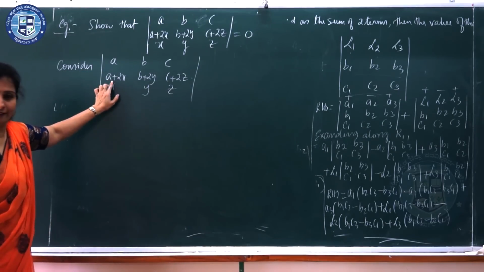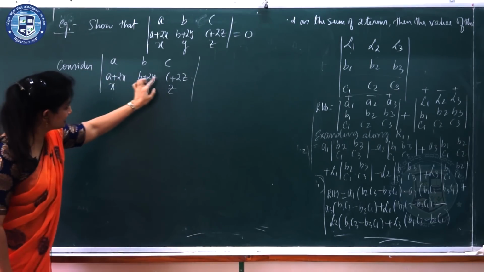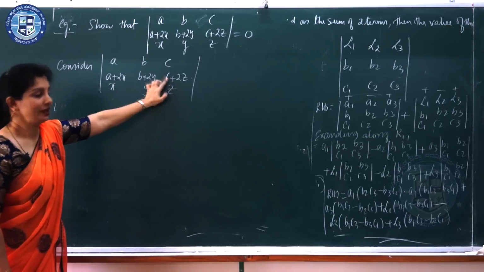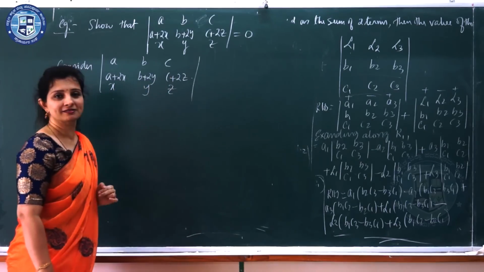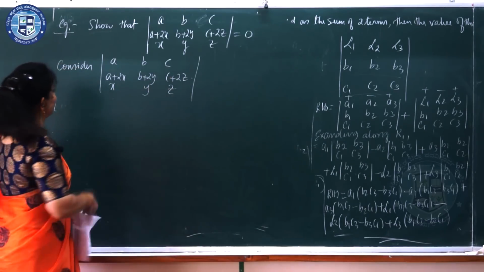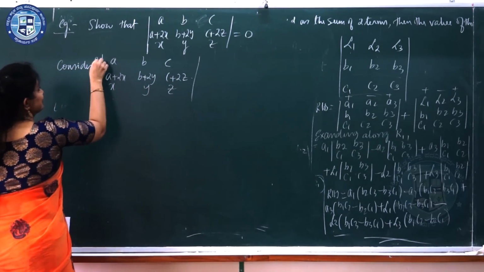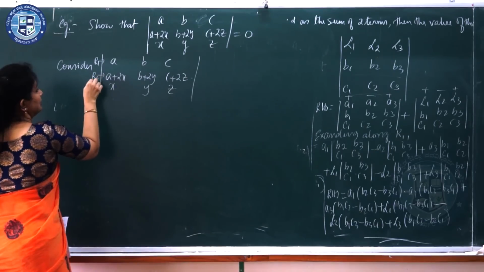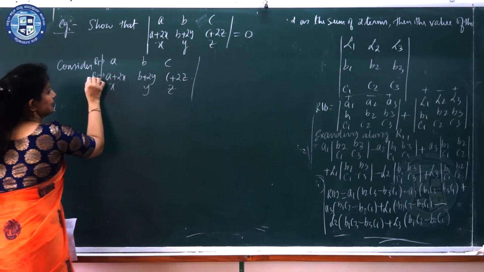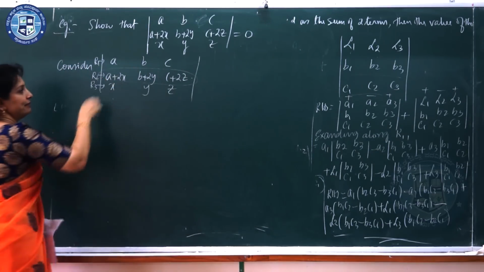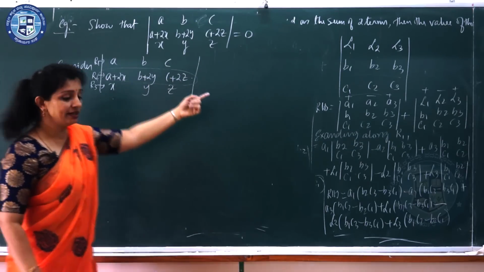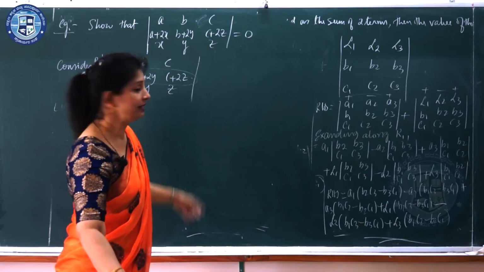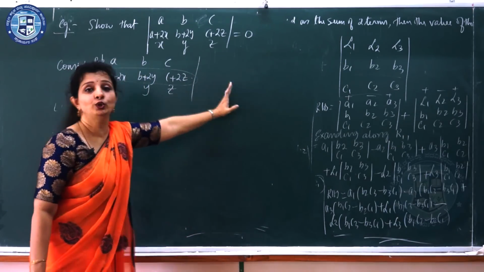Look at the determinant. Can you observe that in the second row, each element is a sum of two terms? This is the first row, second row, third row. In the second row, each element is a sum of two terms. So, according to our previous fifth property, we can split this into two determinants.